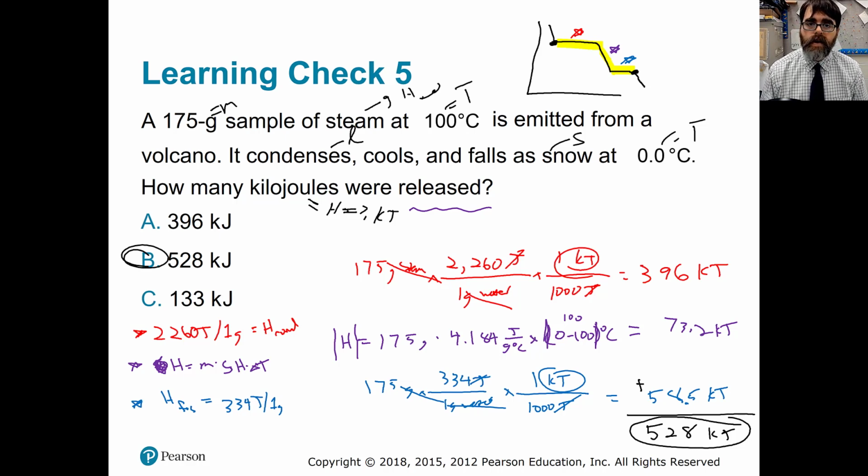And had we been asked to handle the other 2 segments here, had it been steam that started out hotter than 100, or had the ice continued to cool, the snow continued to cool, then we would have to go back and look up the heat capacity of water in different states of matter, but then we would just add each of those there as well.